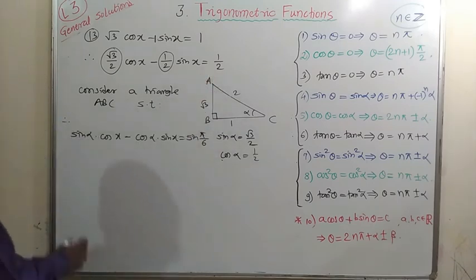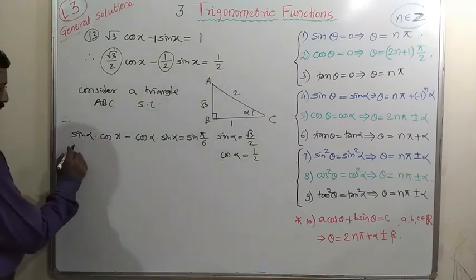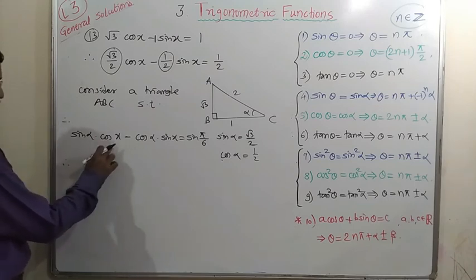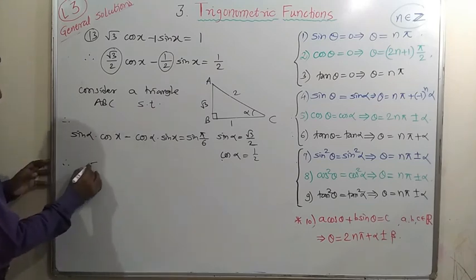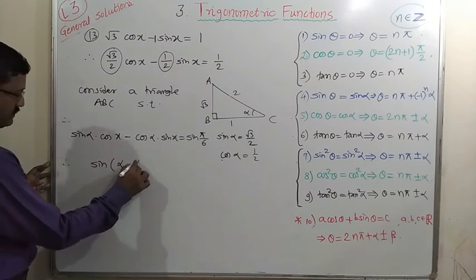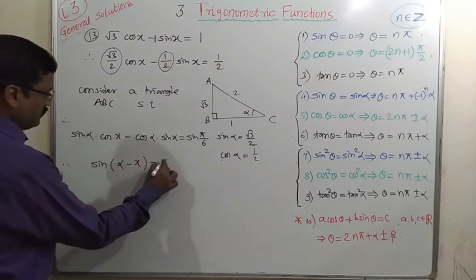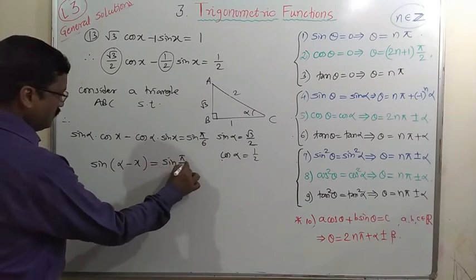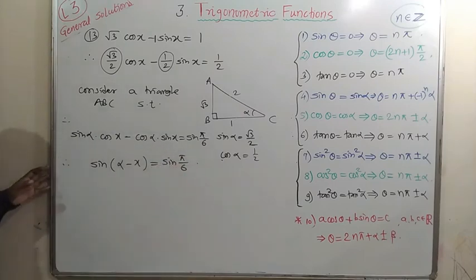Therefore this is sin alpha cos x minus cos alpha sin x, so we get here sin of alpha minus x equal to sin pi by 6. Is it okay? It is sin of alpha minus x.